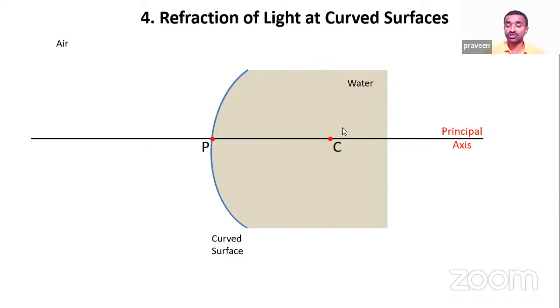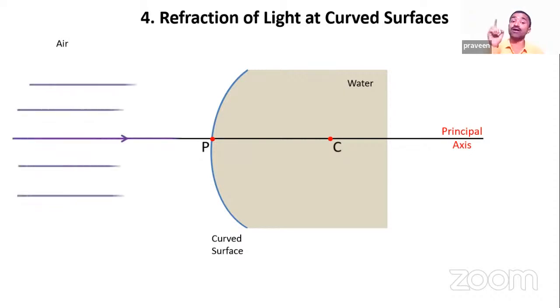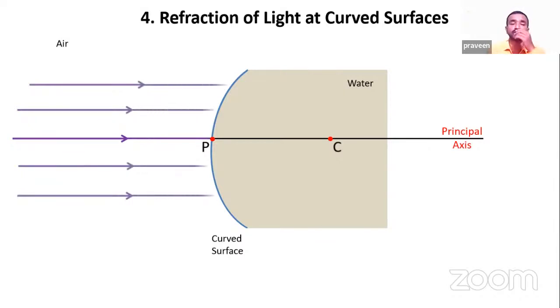Now the question is, what happens when a parallel beam of light rays is focused on the curved surface? Here I use my knowledge of refraction: light bending from rarer to denser medium bends towards the normal, and from denser to rarer medium bends away from the normal.